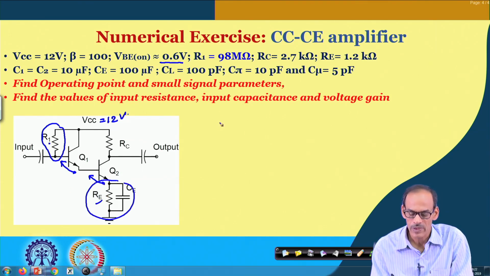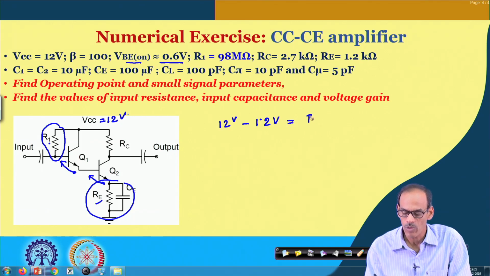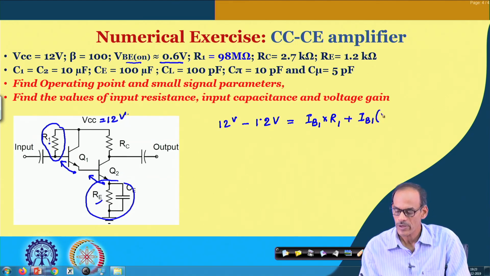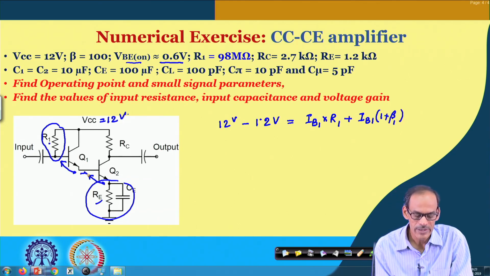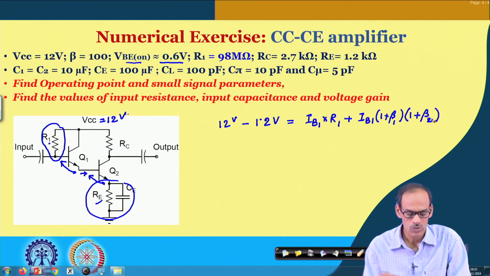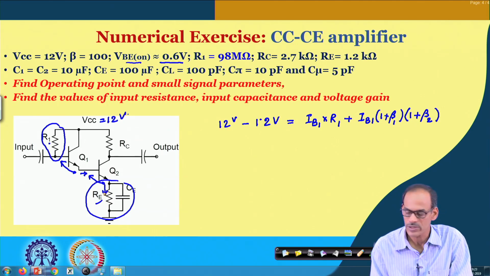So, I should say that 12 volt minus 1.2 volt due to the 2 VBE equals IB1 multiplied by R1, plus IB1 multiplied by 1 plus beta 1. That gives the base current of Q2, and if I multiply with 1 plus beta 2, that gives us the emitter current here.